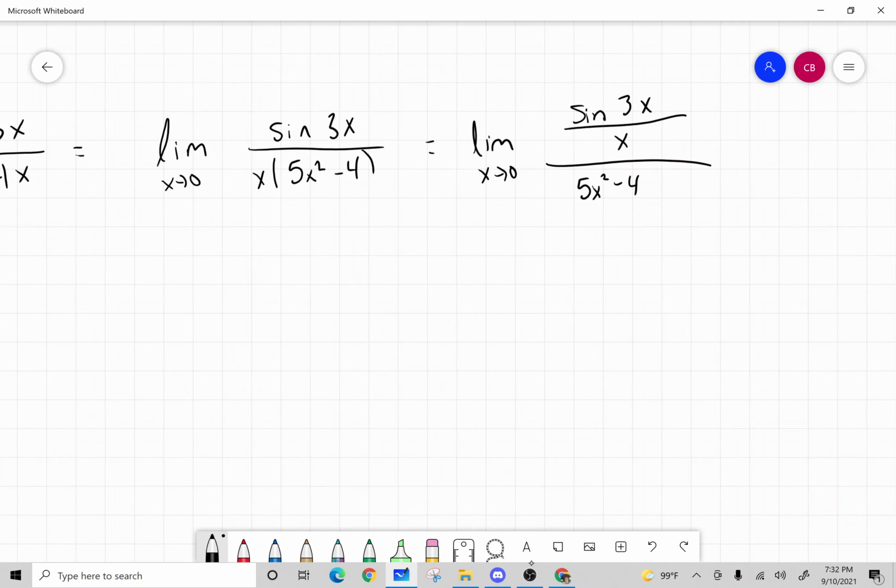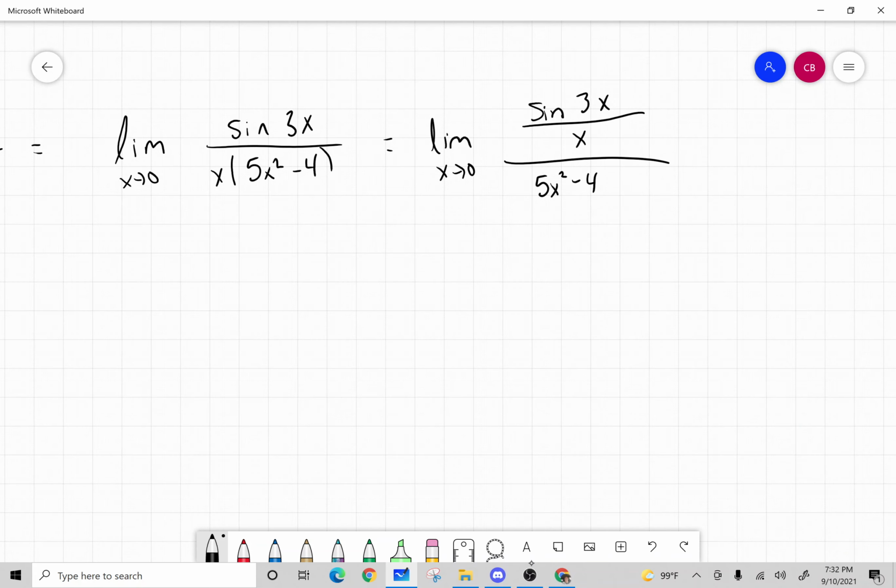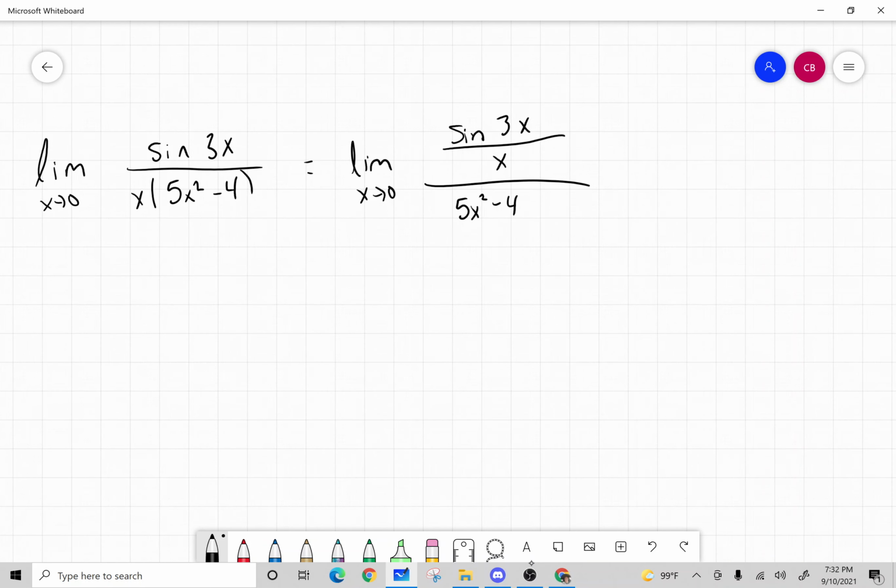Now, that's a good thing because if we plug 0 into the bottom, it's not really a problem anymore because that's going to equal negative 4, but it's going to be a problem up here on the top. But we did learn something in one of the videos, that we can multiply by 1. So we're going to sneakily multiply by 3 over 3.